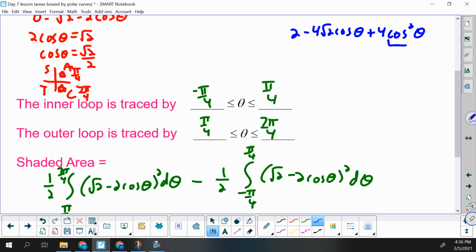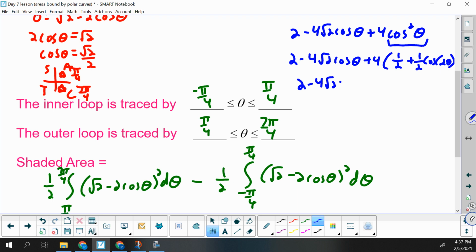But then we're going to have to do a power reduction. So this will be 2 minus 4 square root of 2 cos theta plus 4 times 1/2 plus 1/2 cos 2 theta. If we distribute our 4, we'll get plus 2 cos 2 theta.